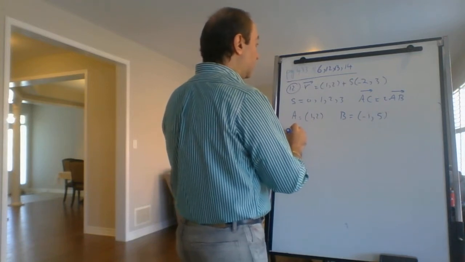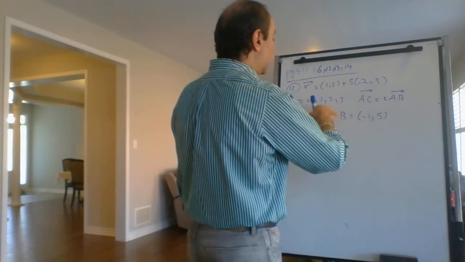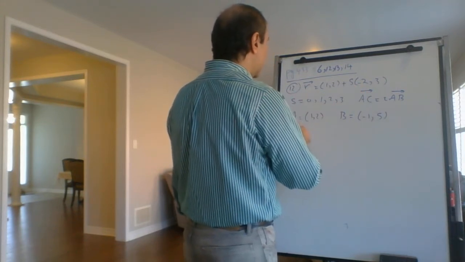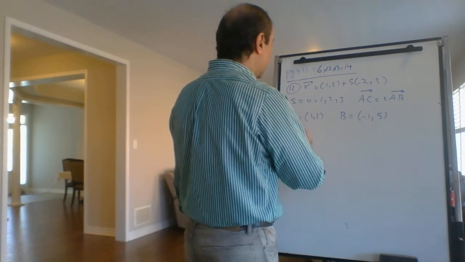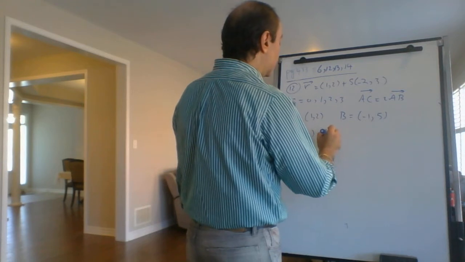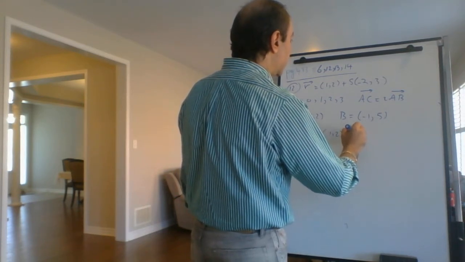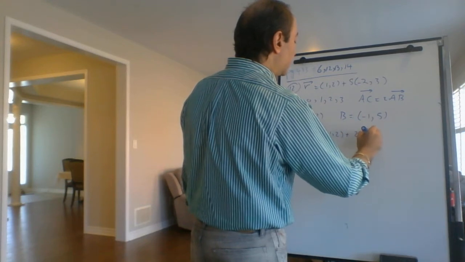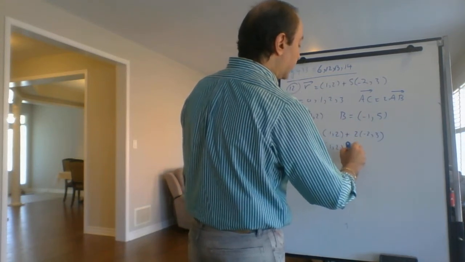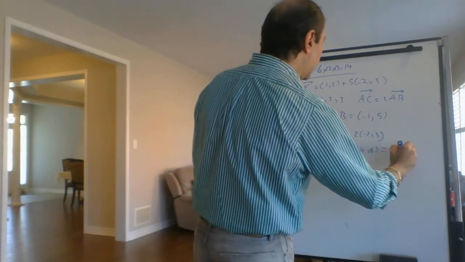C will equal, there is D as well, but I don't need it. For C put 2 here, so r, x and y will equal (1, 2) plus 2 times (-2, 3), which is (1, 2) plus (-4, 6), so that's (-3, 8).